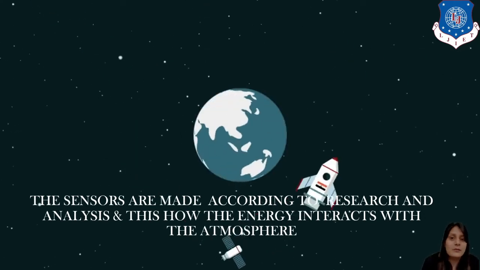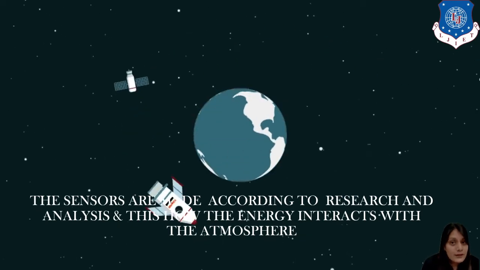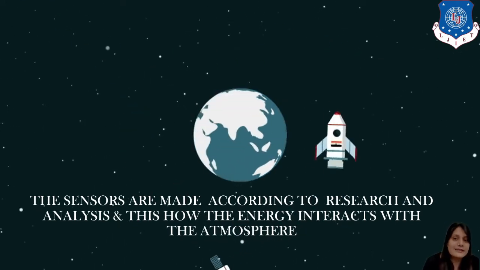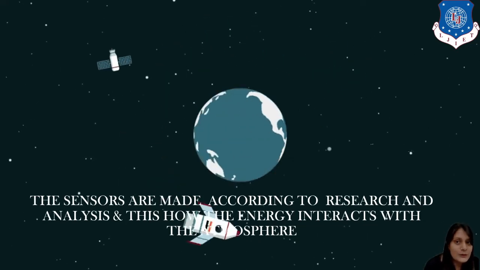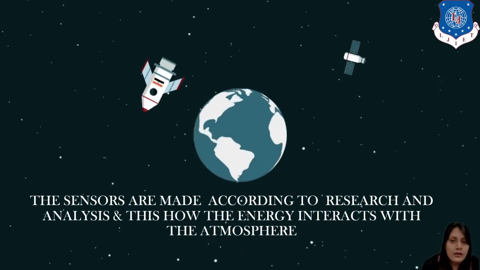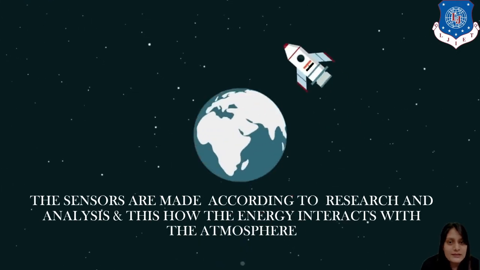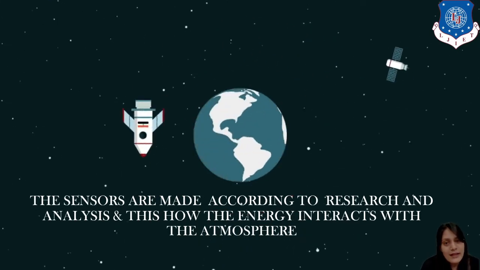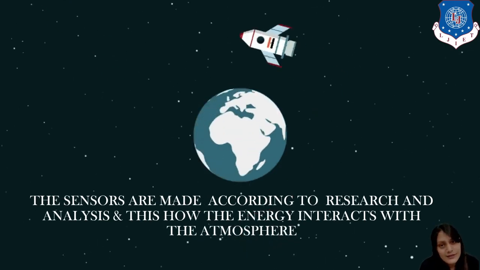So the minimum energy should be lost or scattered, right? Even though it is the sun's energy which is sent for interaction with the target and then recorded by the satellite or sensor, we need to check all this. According to the research and feature analysis of any feature on the earth, we decide which wavelength to use for sensor making.